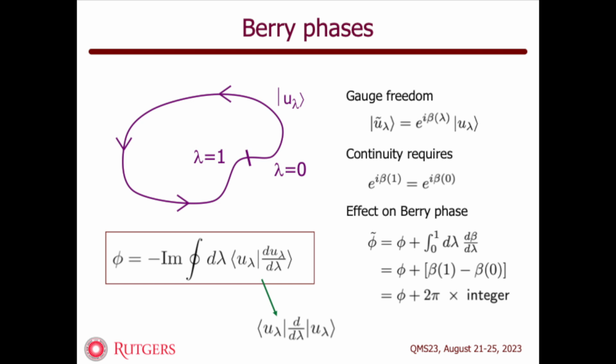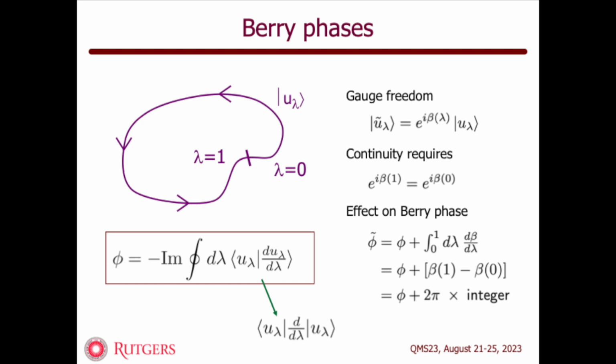That's because in order for this to be a smooth gauge, I need to have that the phase angle is the same for lambda equals 0 and lambda equals 1. And when you plug this u tilde into this formula and take the derivative, it acts once on the u, and that gives you back the old phi, and it acts once on the beta, and it gives you this piece of the integral, which is just 2 pi times the difference between beta at 1 and beta at 0.